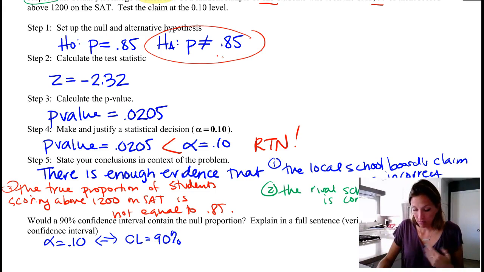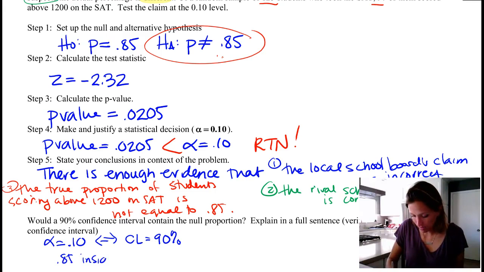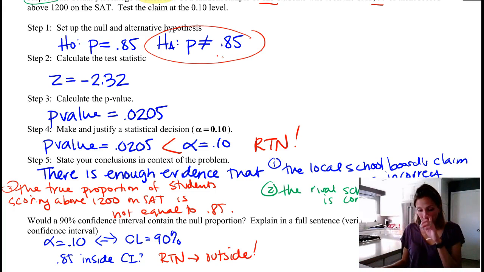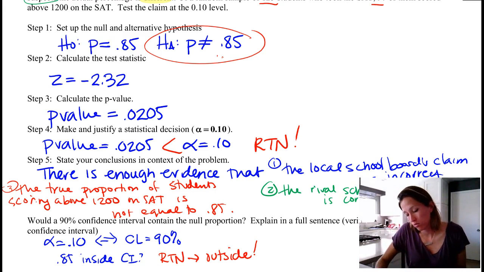We want to see, would this interval contain 0.85? Is 0.85 inside our confidence interval? And since we rejected the null, this would mean that we would find it outside, right? This is what we talked about at the beginning. This is what you guys discovered on the worksheet. So no, the answer is no.